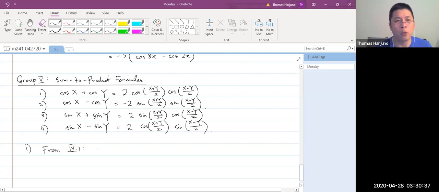From group 4-1, we have that cosine A cosine B equals 1/2 cosine sum plus cosine difference.